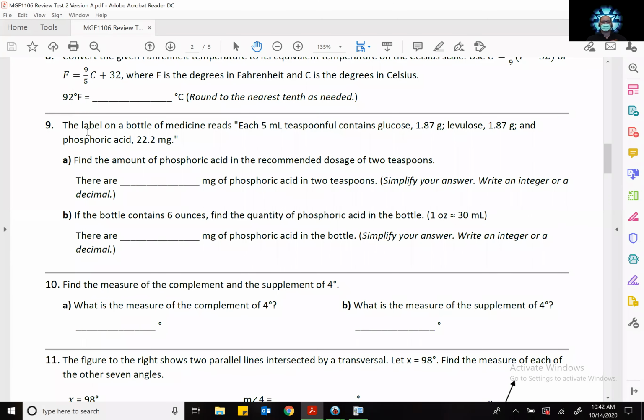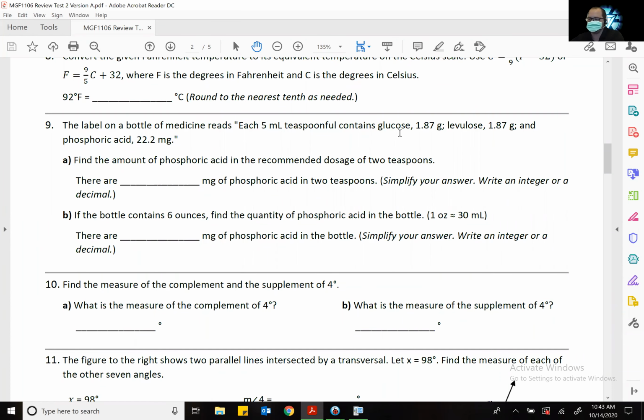It says a label on a bottle of medicine reads, each 5 milliliter teaspoon contains glucose. Okay, so I'm going to write some stuff down. 5 milliliters, we have glucose, and that is 1.87 grams. We have, I just call this Leviosa because I know it's probably like Levuus. I don't know.